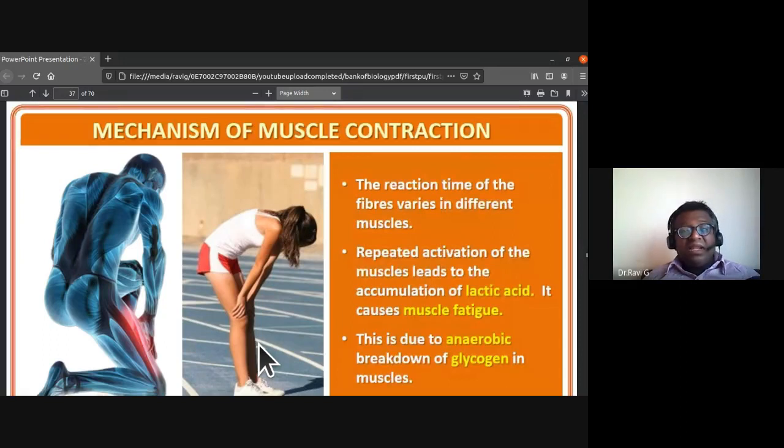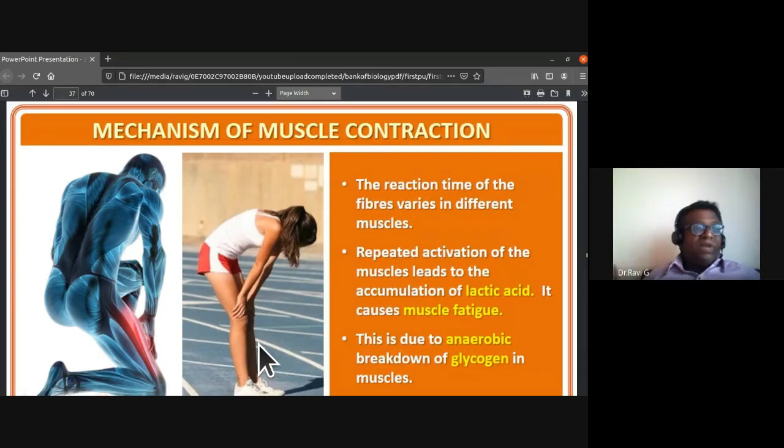Say you're lifting weights 10 times, 12 times, repeatedly. It leads to the accumulation of lactic acid, and it causes muscle fatigue.